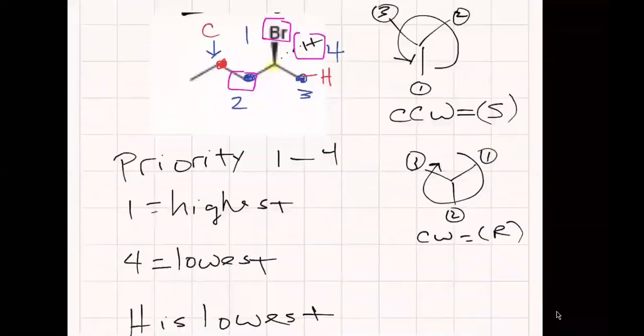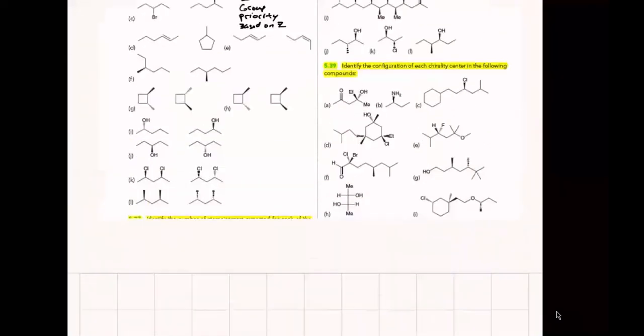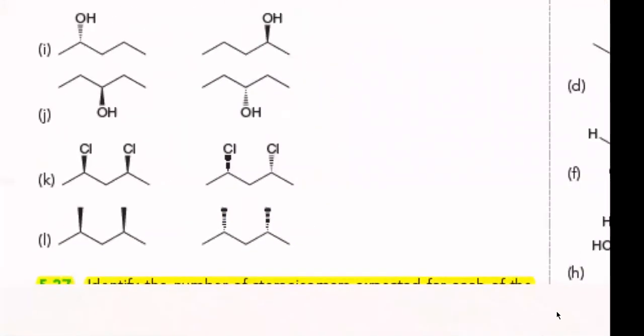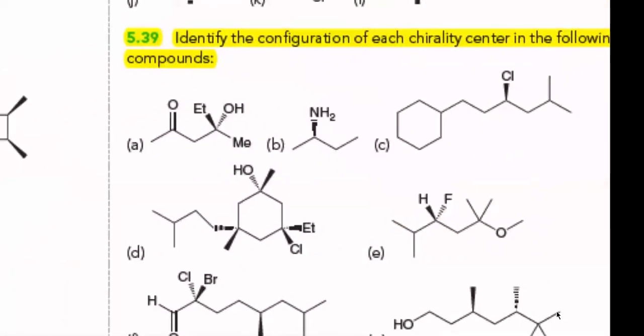All right, let's pick another example. I want to do one with more than one stereocenter so we can talk about another concept, and I need to make sure that this is not a meso compound. Maybe I should draw my own. Ooh, that's a good one right there. Let's get this one.